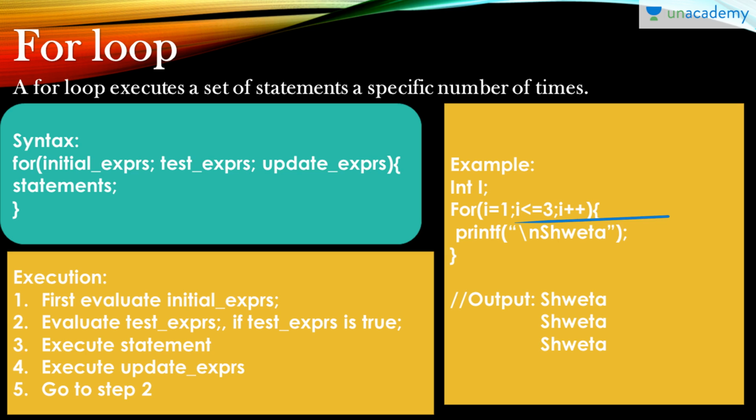So now if this condition is true, then printf Shweta. First it will initialize, it will check that I less than equal to 3, yes, 1 less than equal to 3, so it will print Shweta. Then it will go to the update, increase the value by 1, it will become 2, then it will printf again.